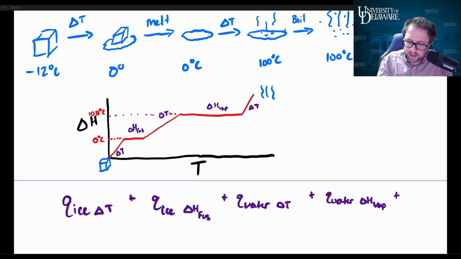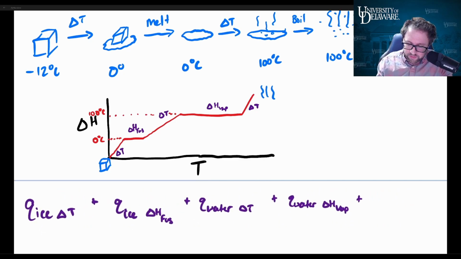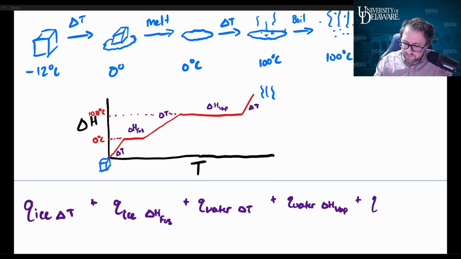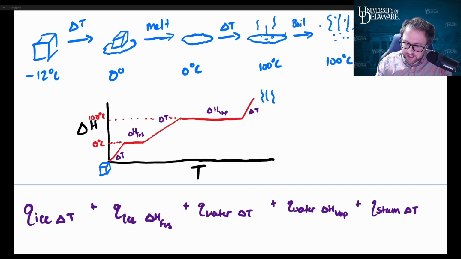I never have enough space for these, that's the golden rule. We have the Q of steam undergoing a delta T, and once we add all of those up, we'll get our answer.